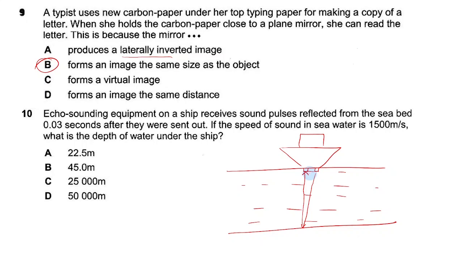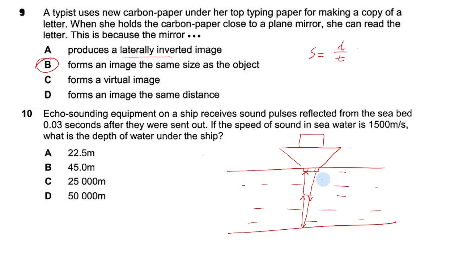So you find that in this same time taken here, the sound will go and come back. So when we are calculating speed, we know that speed is equal to distance over time.